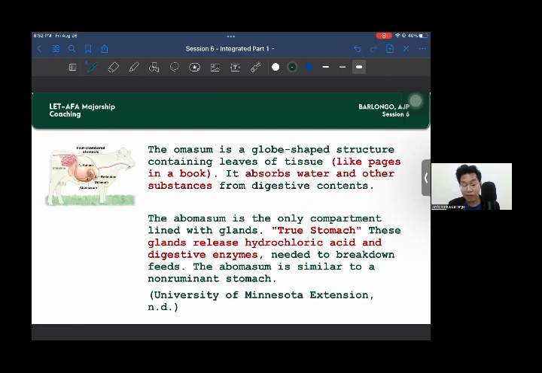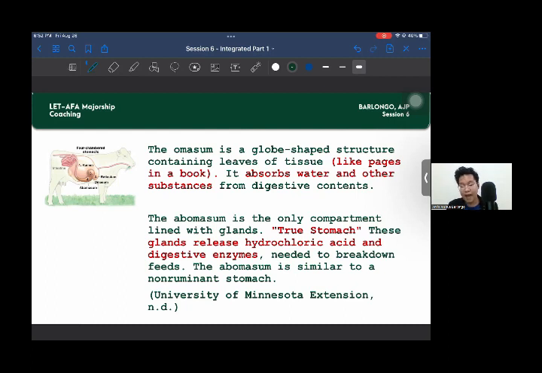So ang main function ng omasum ay mag-absorb ng water and other substances from the digestive content. So yung sa digestive contents, ito na yung mga nutrients. Ayan. Ayun na yung ginagawa ng omasum.